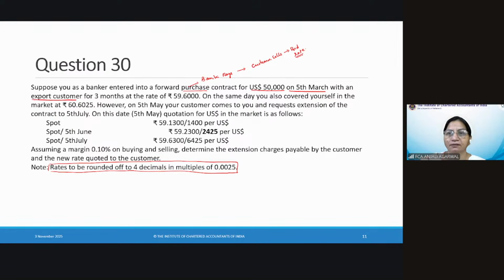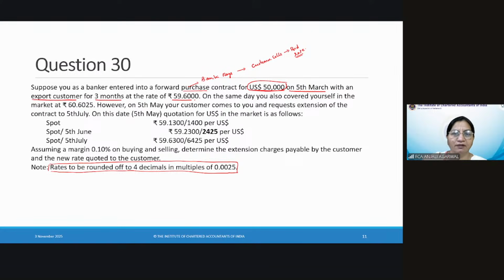Right? What is the applicable rate? It's the bid rate. Bank buys, customer sells, bid rate. How many dollars? US dollar 50,000. When? On 5th March for 3 months.